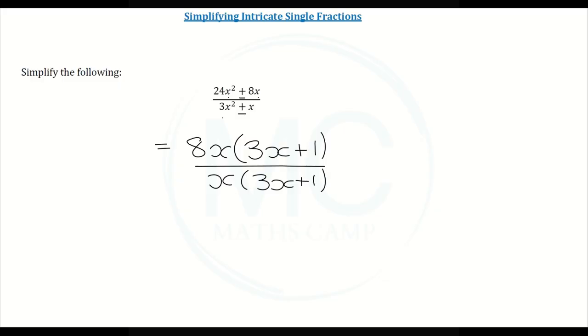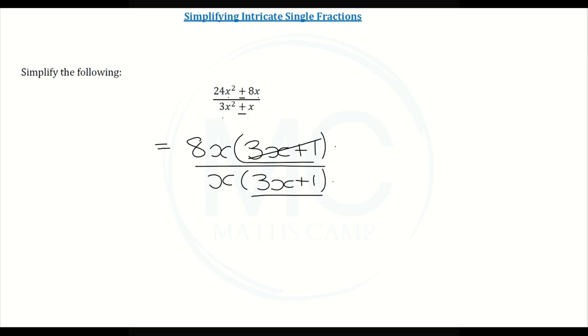The rule for fractions states that if we have a common bracket in the numerator and the denominator, they will cancel out regardless of whether or not there are signs within the bracket. Here we have the bracket 3x plus 1, and here we have the bracket 3x plus 1. 1 in the numerator, 1 in the denominator.